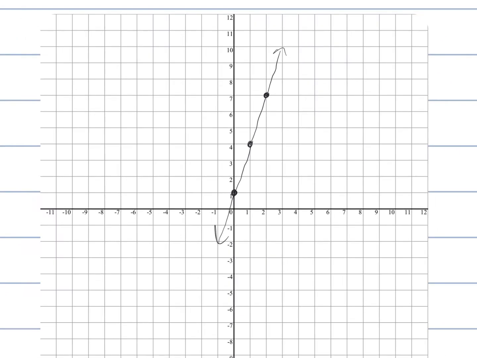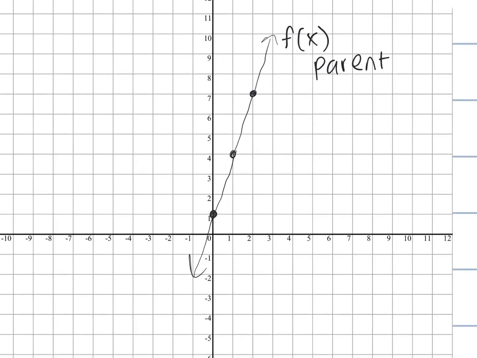This is your parent, f of x. It's the same parent function as the last one, okay? We ready?